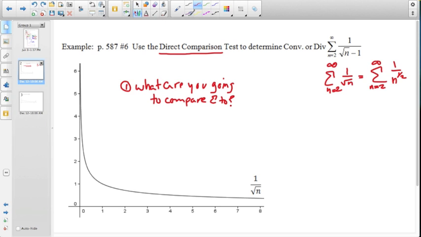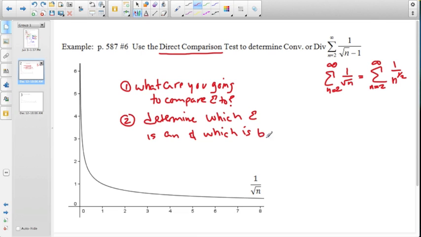The next step would be to determine which series is a sub n and which is b sub n. In other words, determine which one's going to be the little one and which one's going to be the big one.